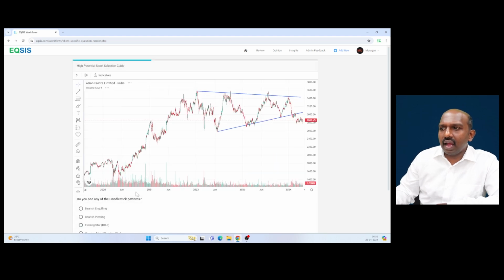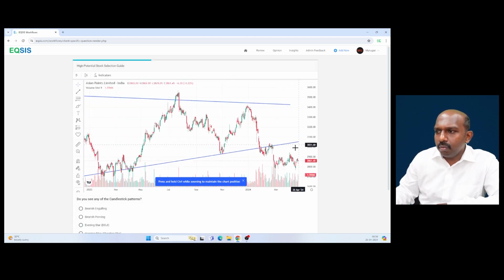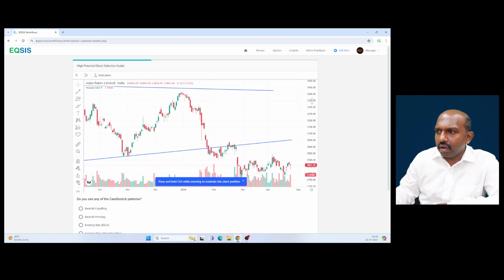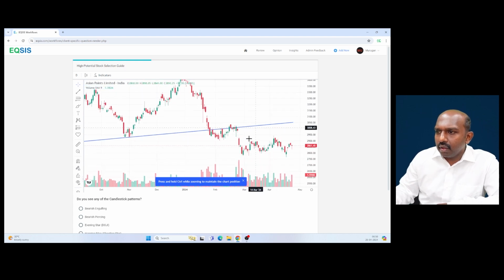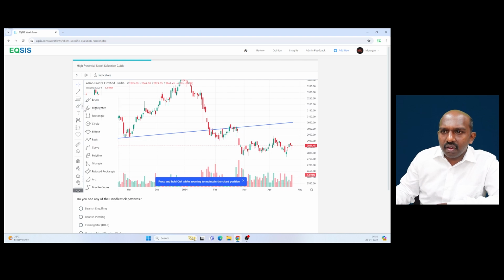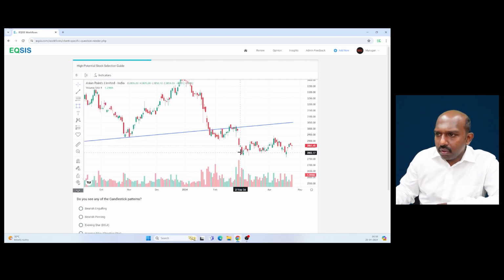Do you see any candlestick patterns formed here? Let me zoom in to see if there is any candlestick pattern here. It's very important that you see anything at this particular area. It is true that we witnessed a bullish piercing here, and this is nothing much. Probably this is an indication that there may be strong buying activity happening here.